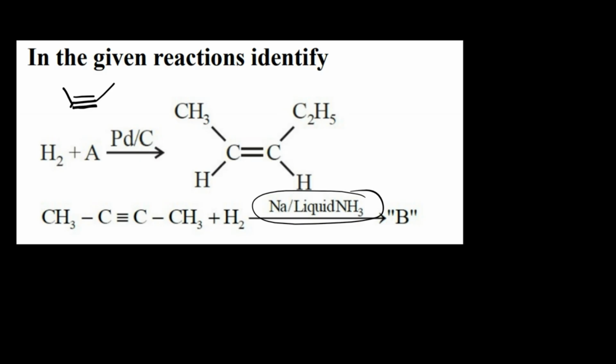And then B with the H2, again H H will get added, but there is an important thing about this particular reagent. What is this reagent? Will cis or trans alkene form?